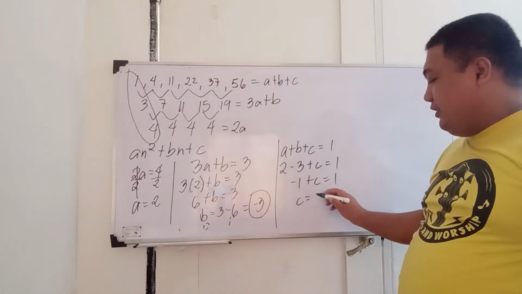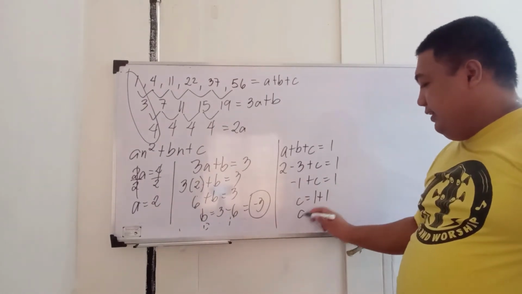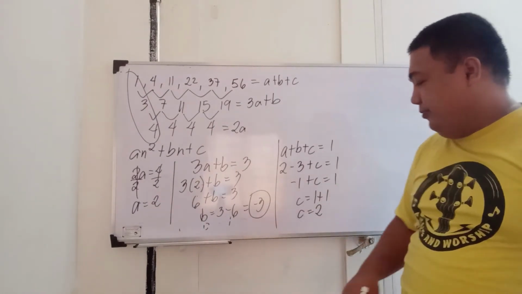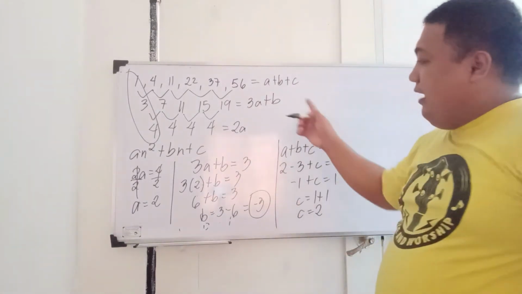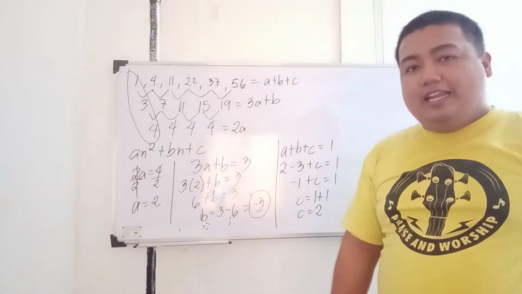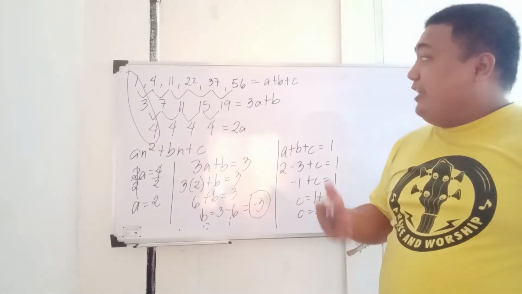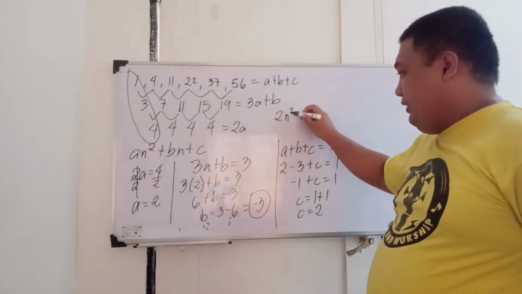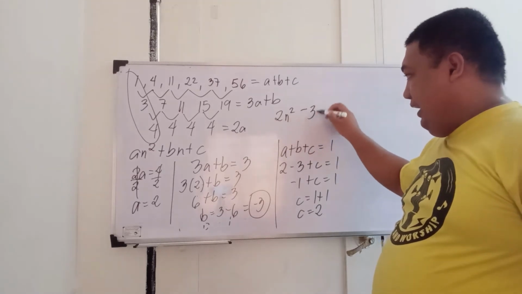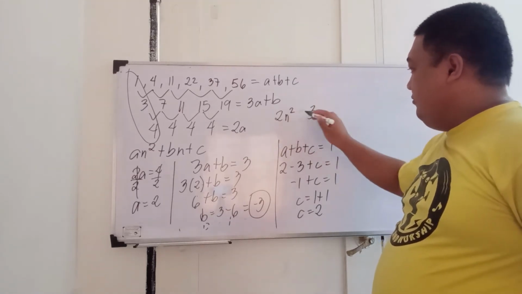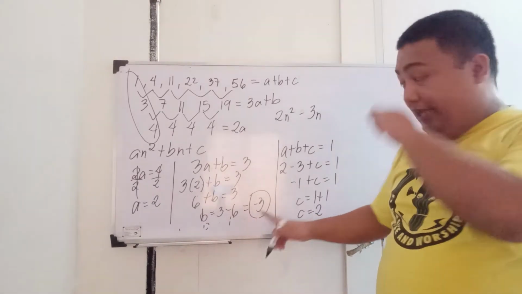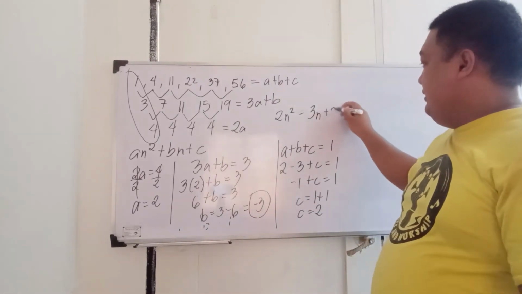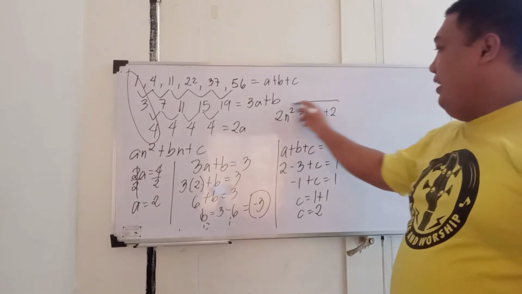So, magiging positive. So, 1 plus 1, c equals 2. So, ibig sabihin, our end term of 1, 4, 11, 22, 37, 56 is 2n squared minus 3n. Minus 3n kasi negative yan. Then, plus 2. Ito yung kanyang end term.